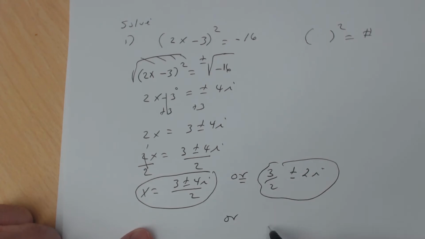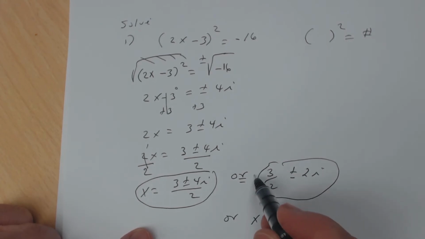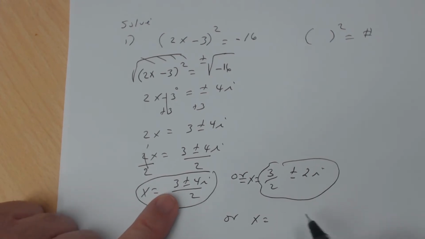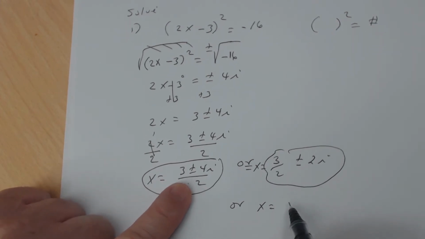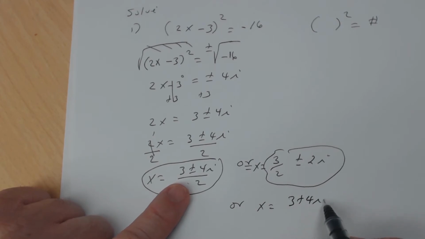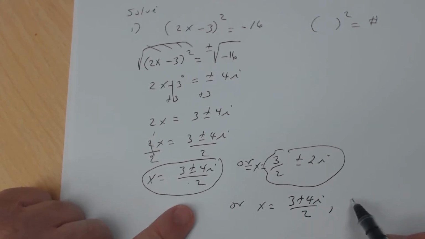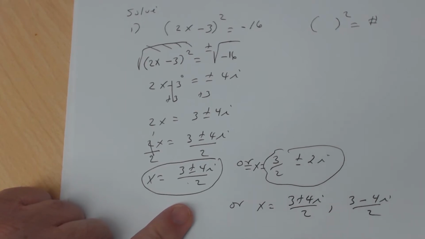And if you want to write them separately, you would say x equals, and there are other ways of doing this one as well. You can say (3 + 4i)/2, and the other one is (3 - 4i)/2, just like that.